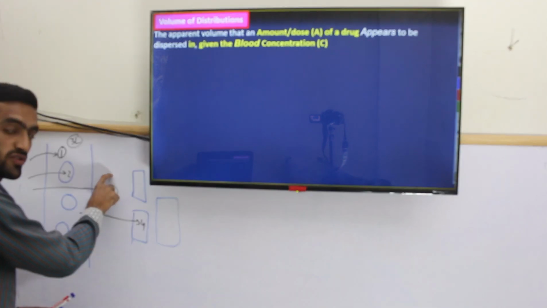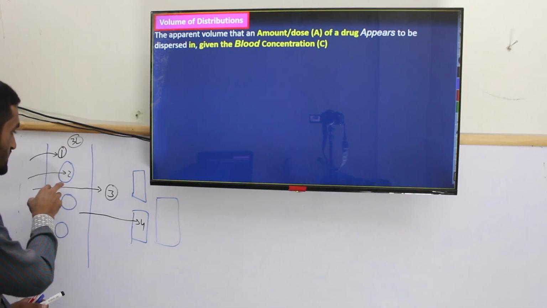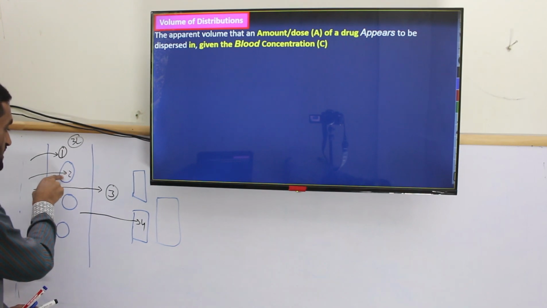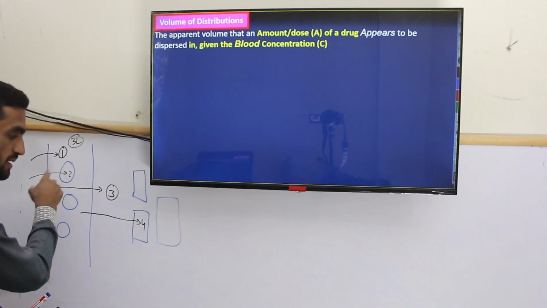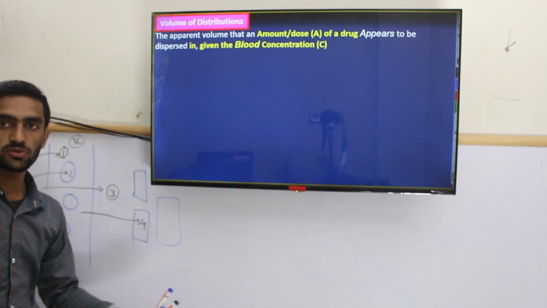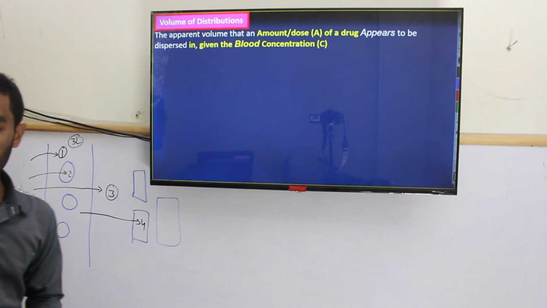These are hydrophilic but of smaller size. The other drugs can enter into the cell, because they can cross the cell membrane, and they can also enter into the tissue, so their volume of distribution increases even more. In this way, just apply this concept.